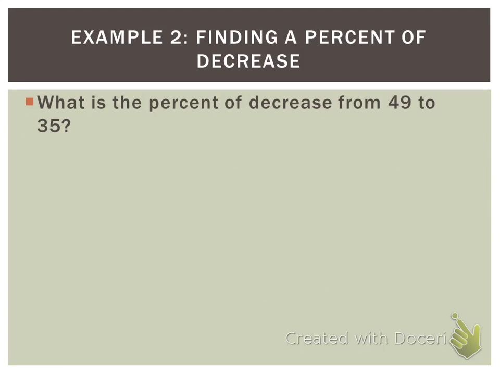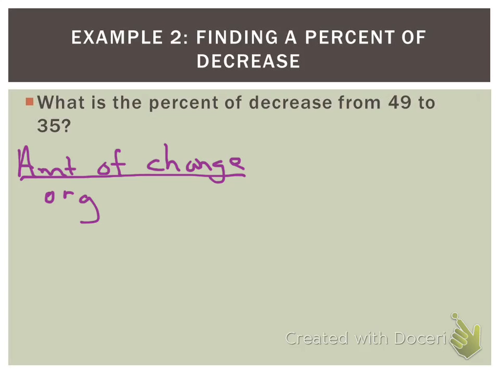Okay, now in example 2, I'm just going to go the other way, but it's still the same formula. Amount of change divided by the original amount. So now I'm doing percent of decrease, so I'm going the opposite way. I go from 49 to 35.